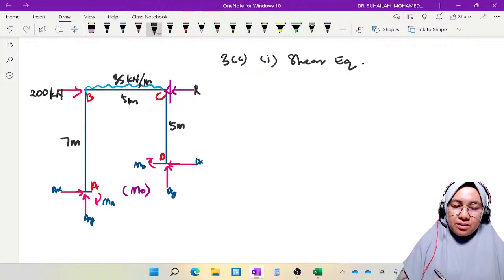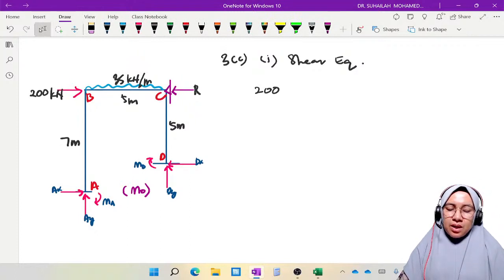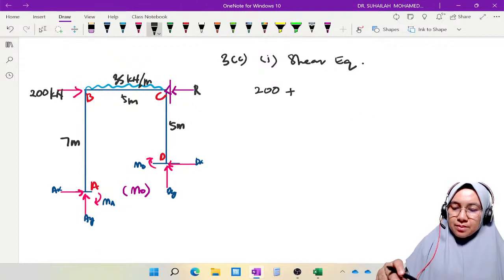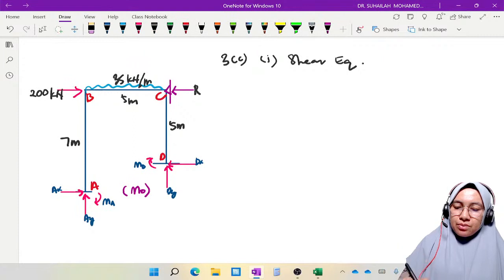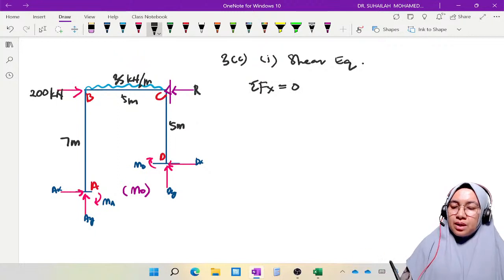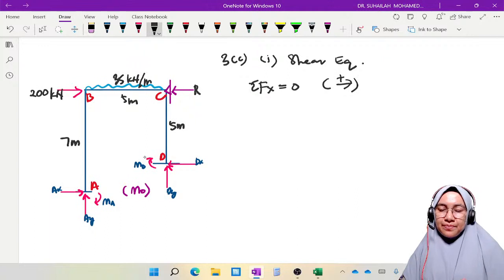So we have 200 kilonewton, and we have AX. Based on this, the sum of Fx is equal to 0, and the positive direction is in this direction.